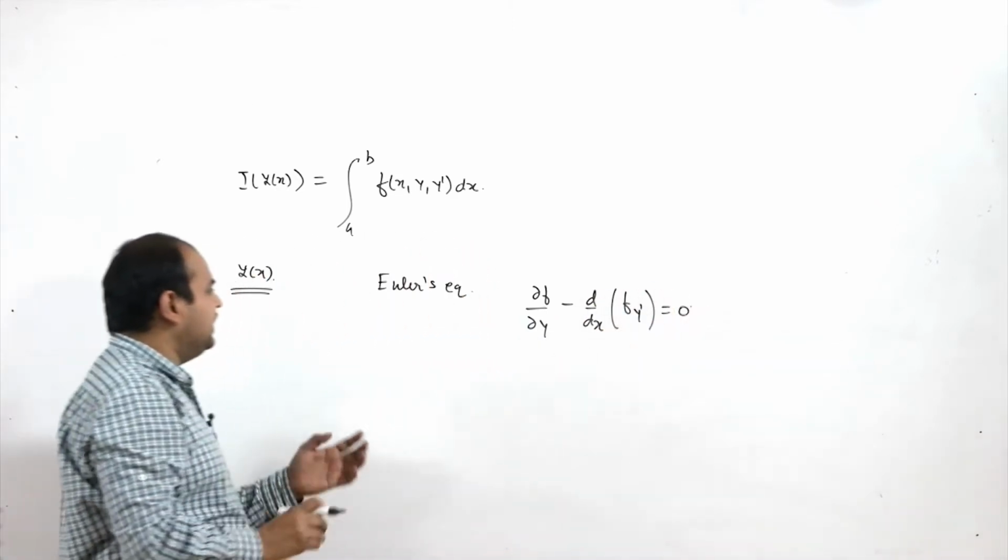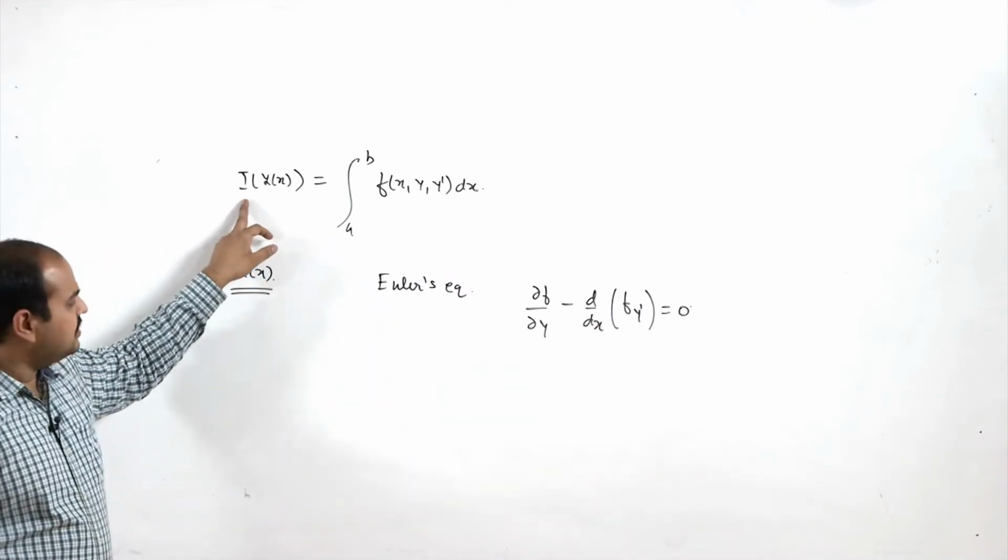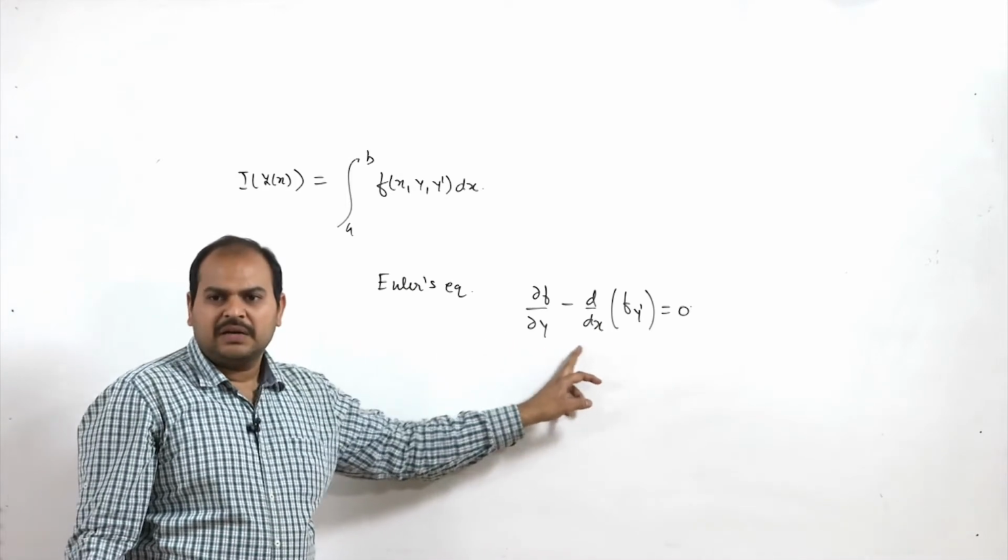So if y of x is an extremal of this, then it must satisfy this Euler equation.